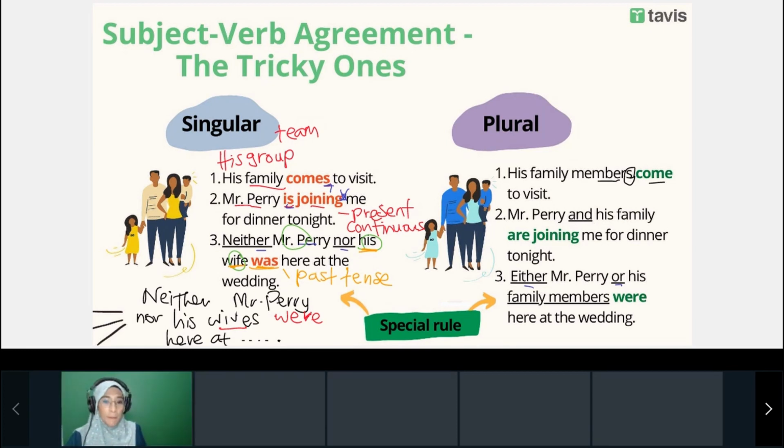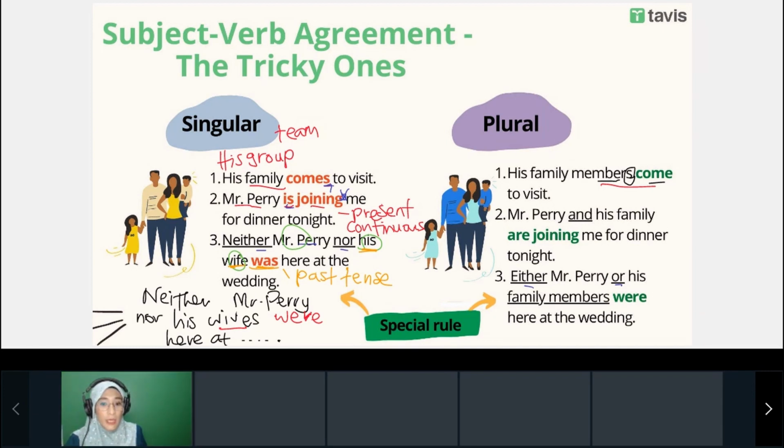And it's in plural form. Okay, because of this word only. Like here, you don't have member. Here, you only have his family. But here we have members, his family members. So his family members come to visit. All right. So this one will be plural form.